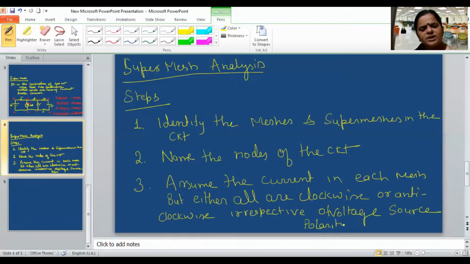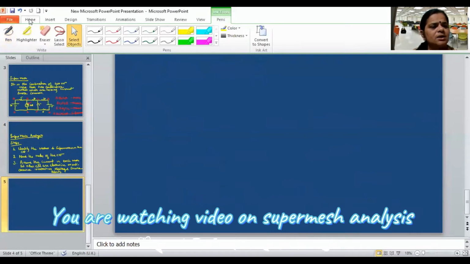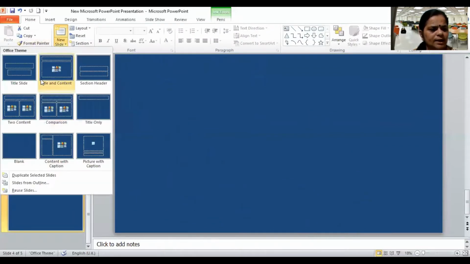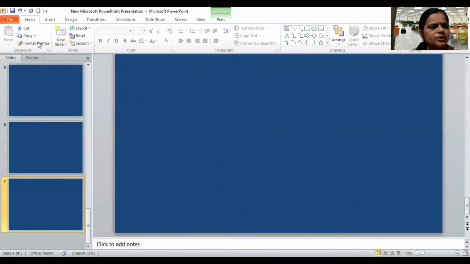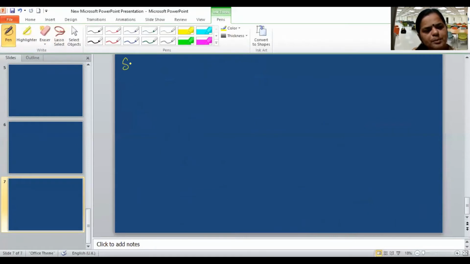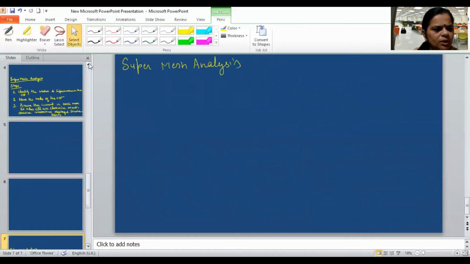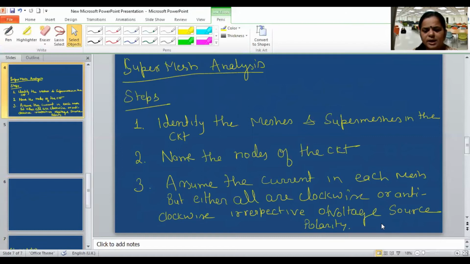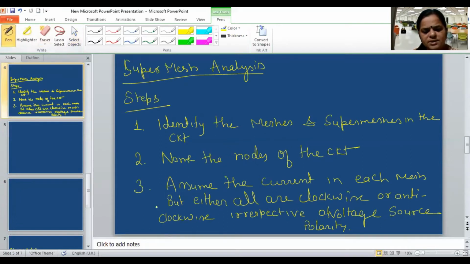Whatever the voltage source polarity is, you need not take care. We simply take the direction of current in each mesh, either clockwise or anti-clockwise. And the fourth point is to write the KVL.